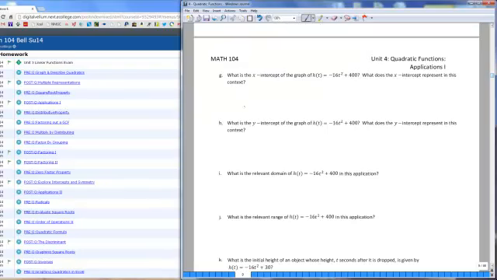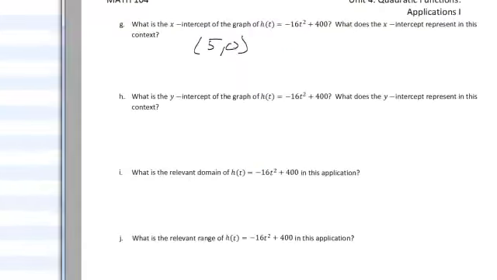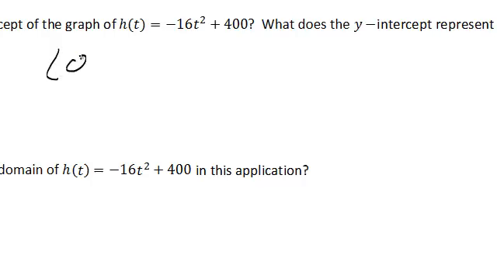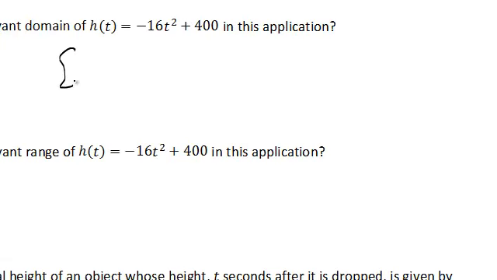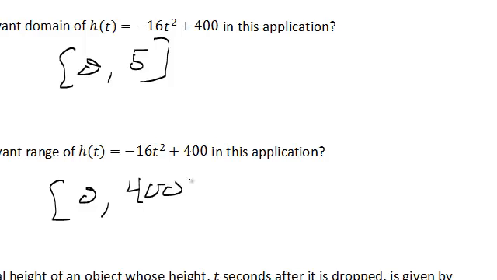What is the x-intercept? Well, the x-intercept is the point 5, 0. That means after 5 seconds, the balloon hits the ground. What is the y-intercept? Well, that's 0, 400. That means after 0 seconds, the balloon is 400 feet high. What is the relevant domain? The relevant domain is 0 to 5 seconds, and the relevant range is 0 feet to 400 feet.